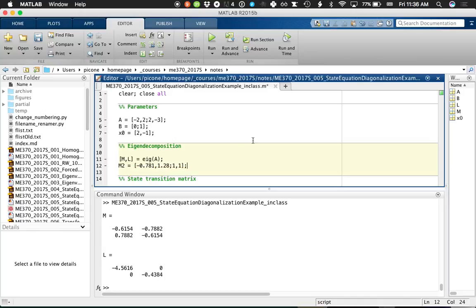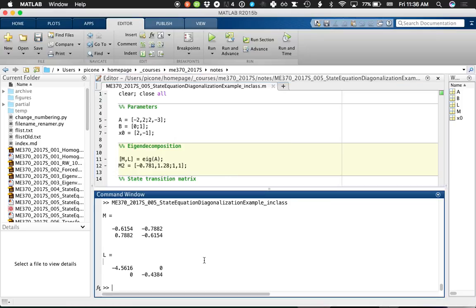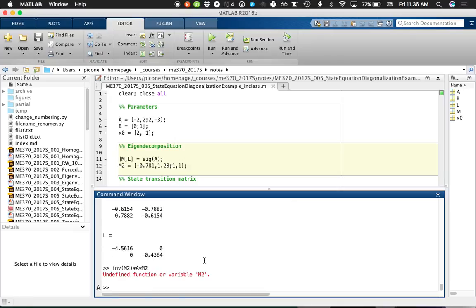Our lambda was the same, so we can use theirs. So if we do inverse M times the original A matrix times M, this should work for M2 and it should work for M. So we'll do M2. Oh, I didn't evaluate this. I suppose I should do that.